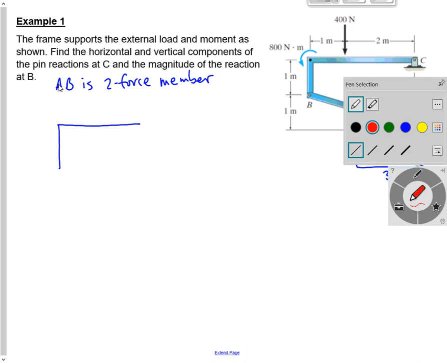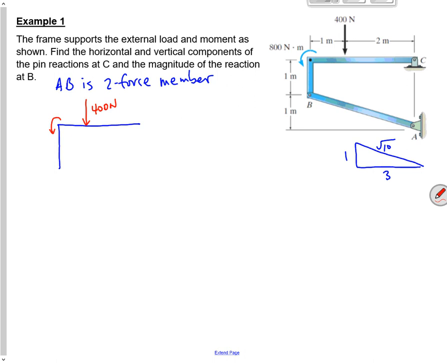It's got a force applied here, a 400 Newton applied force. It's also got a couple moment, which is 800 Newton meters. It's pin connected up here at C, so it's got X and Y components.